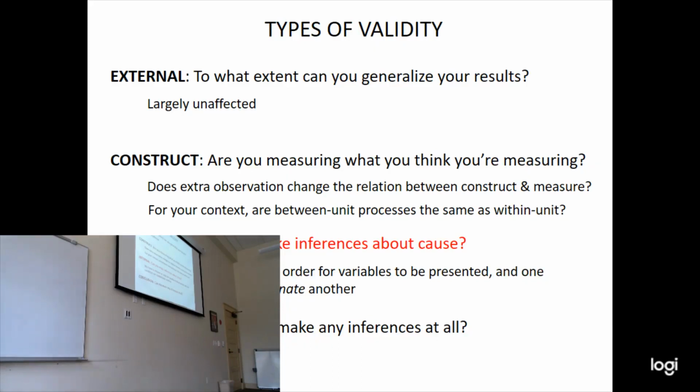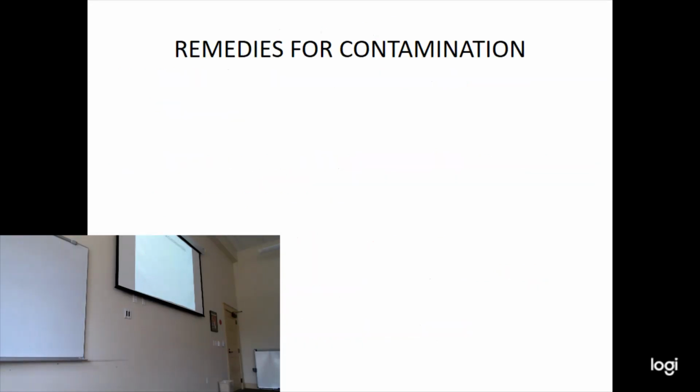You can't draw strong conclusions about the thing that you want to, causal or otherwise, because of these contamination effects. There are a couple of common ways of dealing with this problem of contamination that I'll touch on briefly, because they're handy tools to have in your tool belt of design principles.